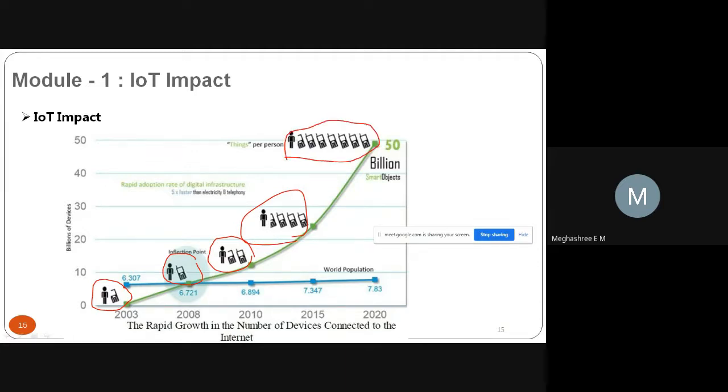For one person, seven devices are connected to the internet. So in 2020, as per the prediction, 50 billion smart objects are connected to the internet. This happened because of advancement in technologies. Because of that, the number of devices connecting to the internet is increasing day by day.